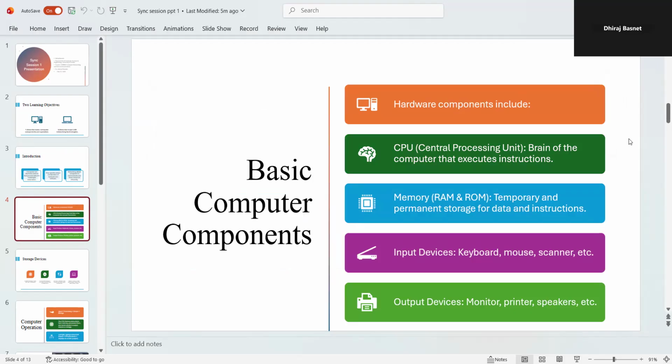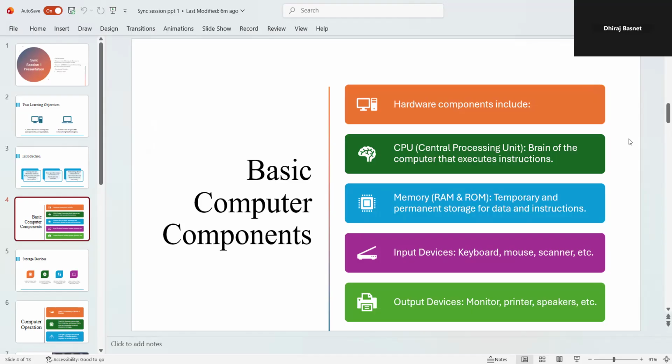So the next slide is about the basic computer components. The main hardware components of the computer are the CPU, central processing unit, often called the brain of the computer. It performs all the calculations and executes instructions. Next is memory. RAM provides temporary storage for active processes, while ROM stores permanent instructions needed to start the computer.